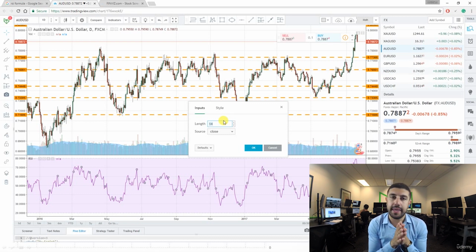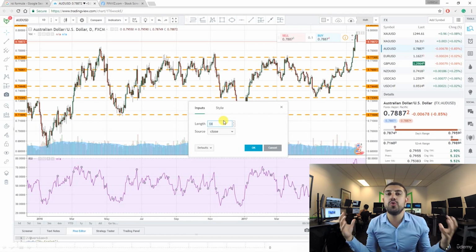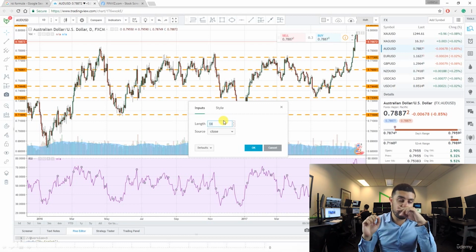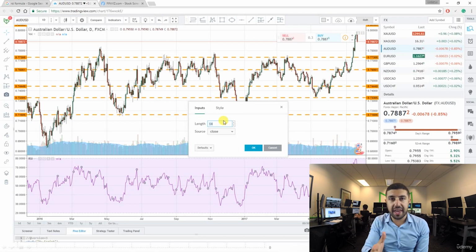So you want to stay with what other people are using as well, because, like we've talked about, and I keep drilling that in because it's super important, it's not just what you look at, it's what other people look at that matters. The reason you're trading is you're trying to predict what other people are going to be doing, so you've got to look at something that other people look at. So 14 days is super good.